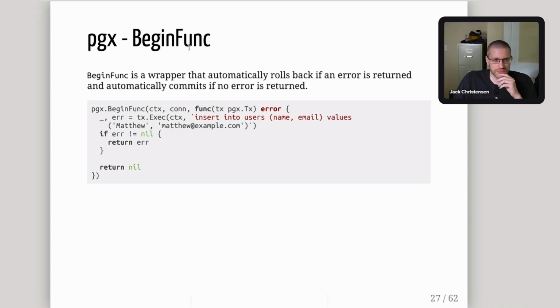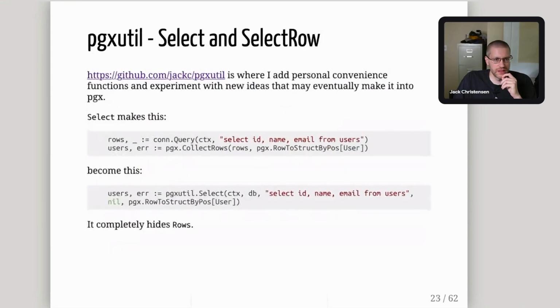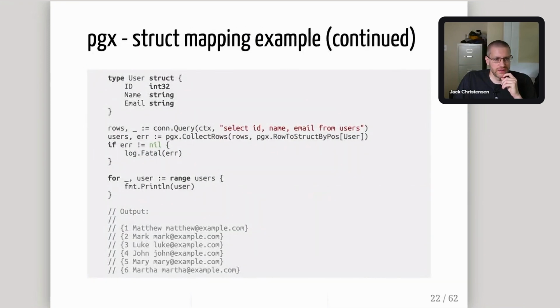Have you looked at how big the performance impact is of trying to use this rows to struct by name, for example? I've not measured it extensively. There is a bit of overhead because internally it's going to use reflection.